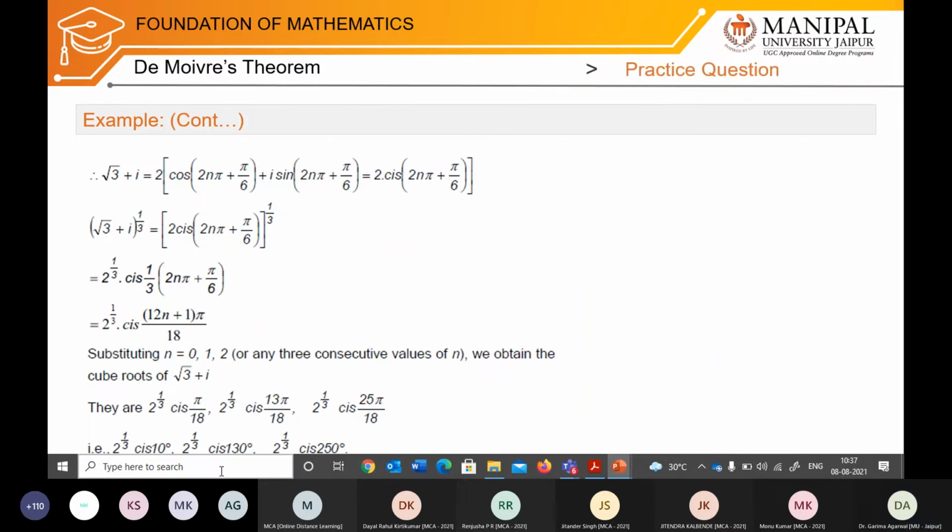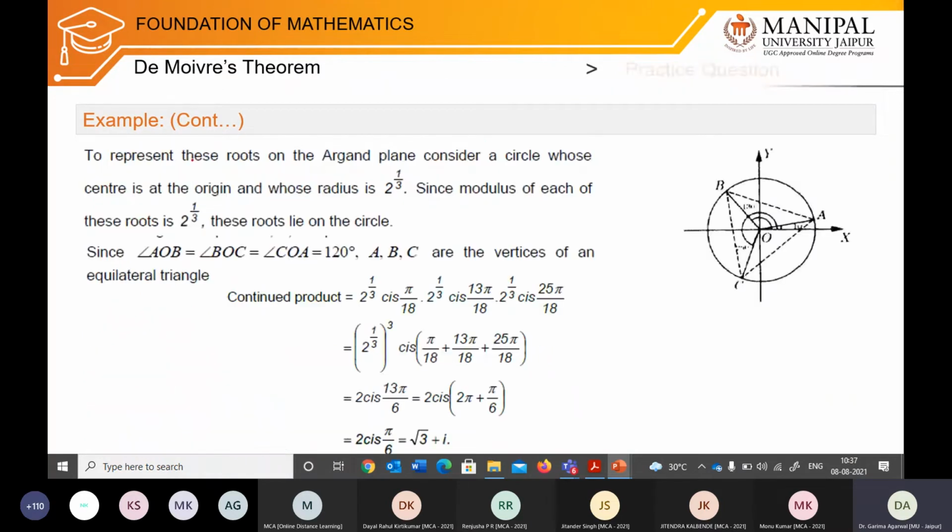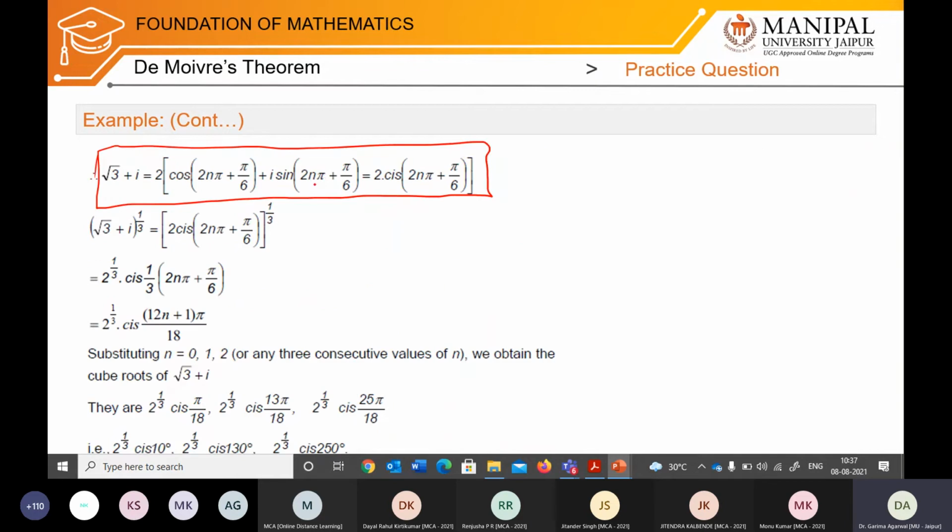So root 3 plus iota can be written in polar form as cos of this angle plus iota sine of this angle. As I told you, cos theta plus iota sin theta can be written as CIS theta, right? Here the theta is 2n pi plus pi by 6.